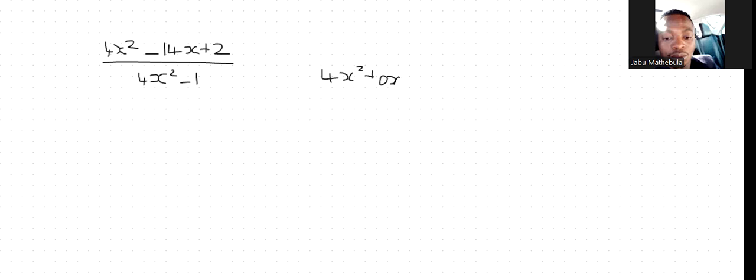We're going to use long division. And then this part, I'm going to write it inside: 4x squared minus 14x plus 2. Now we divide.